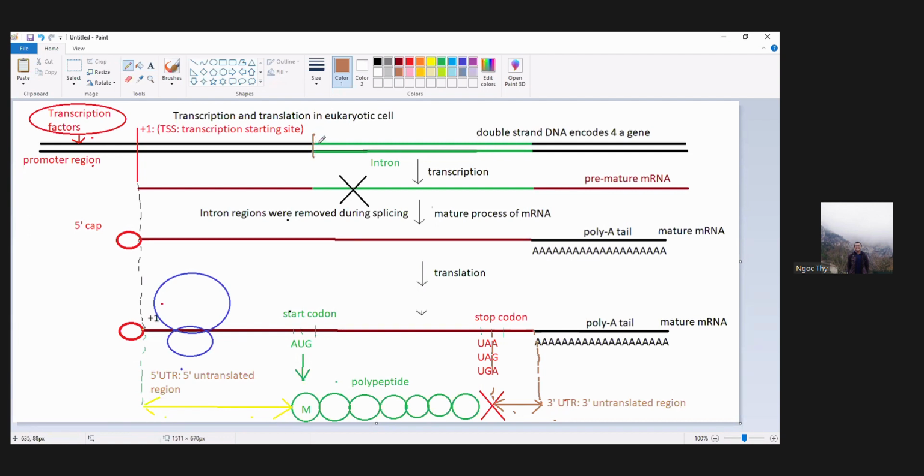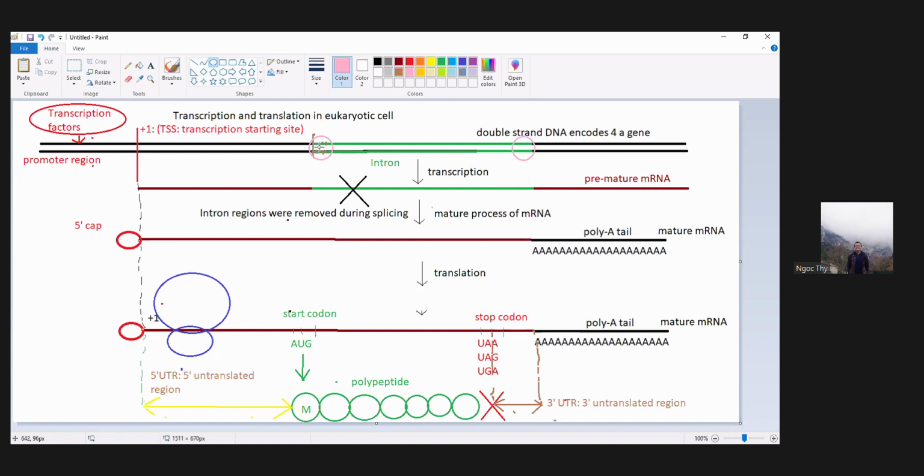So some introns will have a variant or mutation in a location nearby the exon. So this is the intron, and this is the region located in the intron, but nearby the exon here.